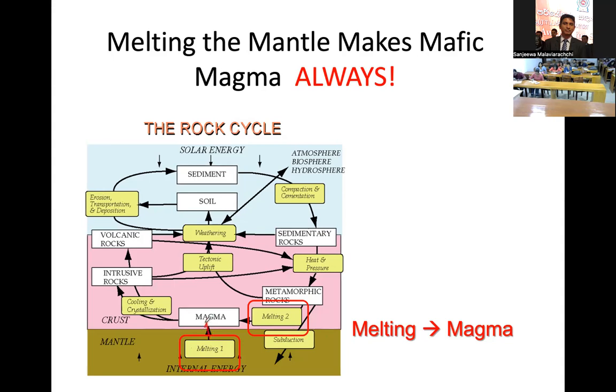This magma can percolate to shallow levels. That means because of its light density, the magma is moving upwards. During these movements, it can branch out or it can just go straight away.